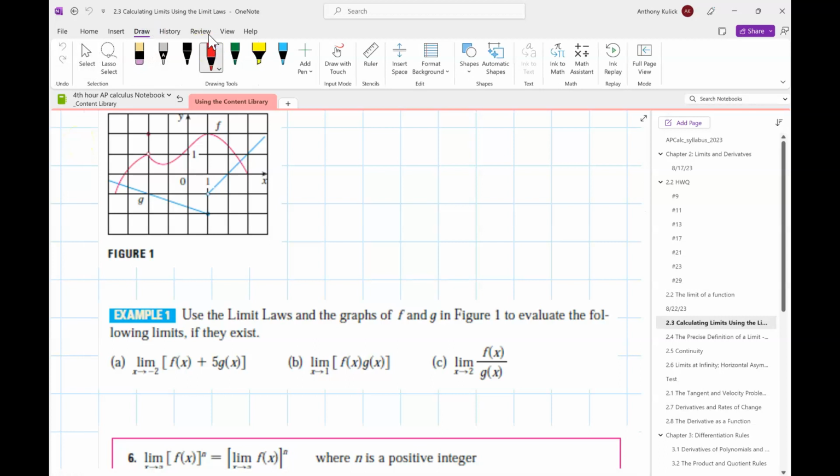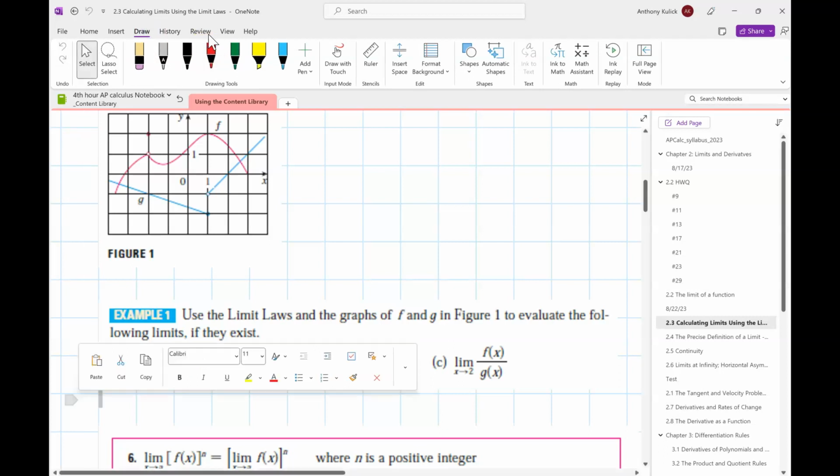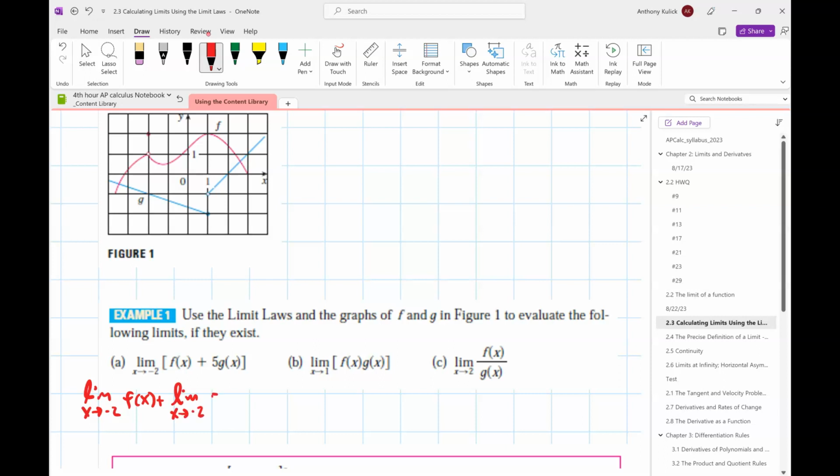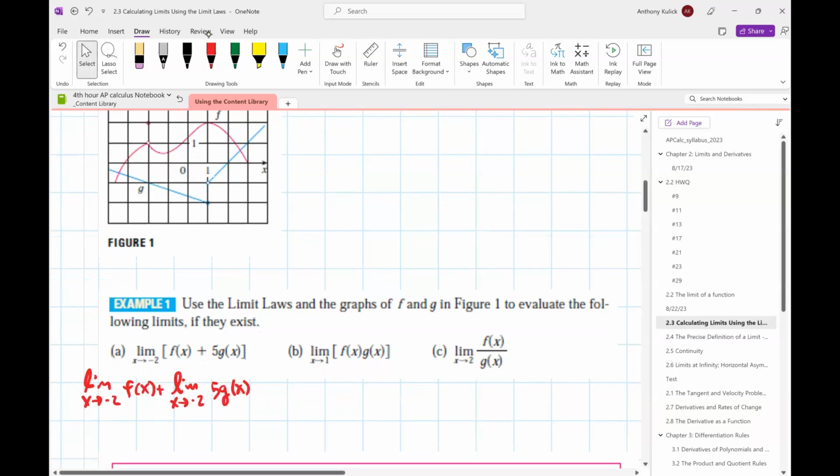So if I look at example A, I'm going to start by applying the addition property, limit law number 1. Everybody's okay there? Okay.